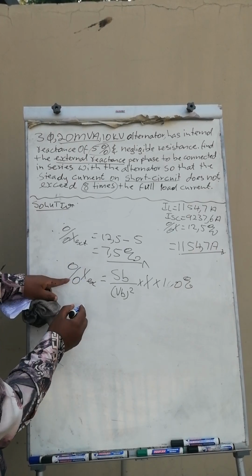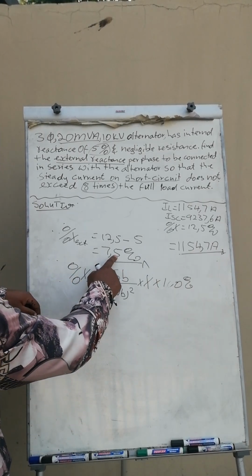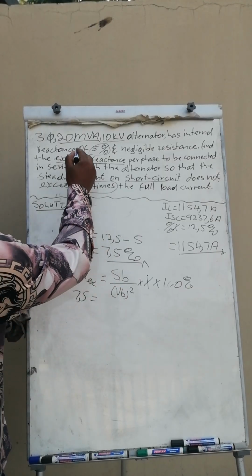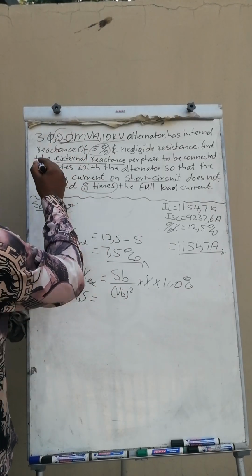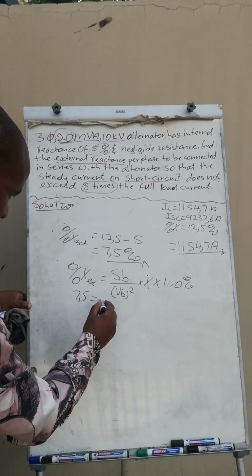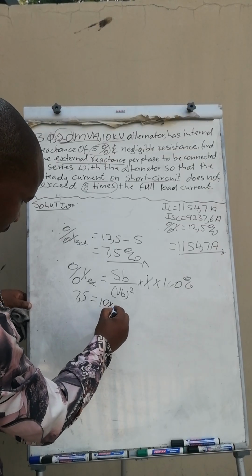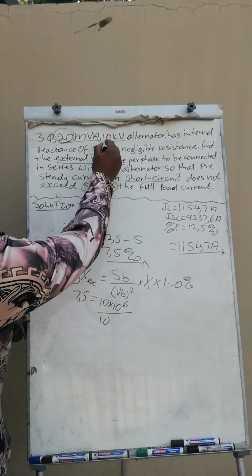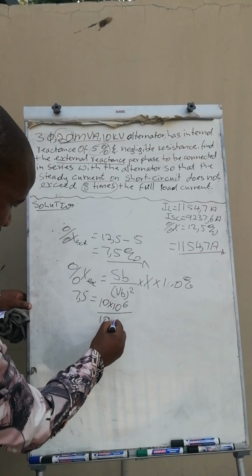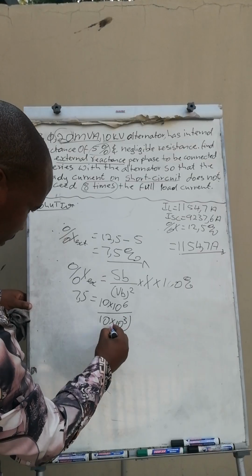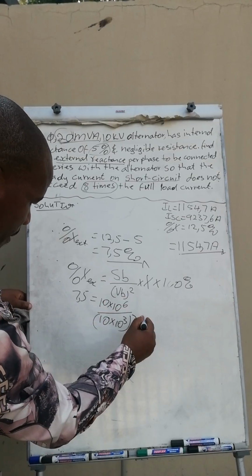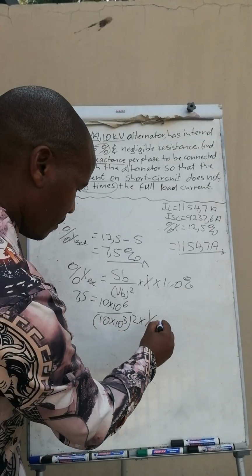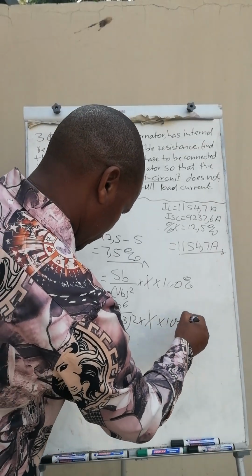Now this is calculated and found to be 7.5 equal to this. The only megavolt amps in the system is 10 multiplied by 10 to the power 6, all over the line voltage, 10 multiplied by 10 to the power 3 squared, multiplied by the required x multiplied by 100%.